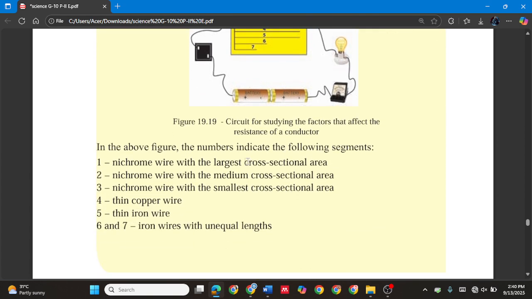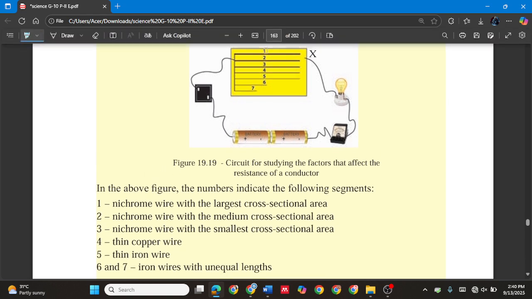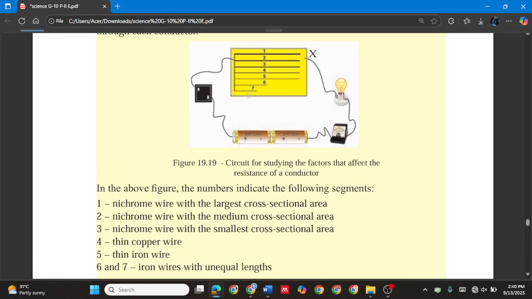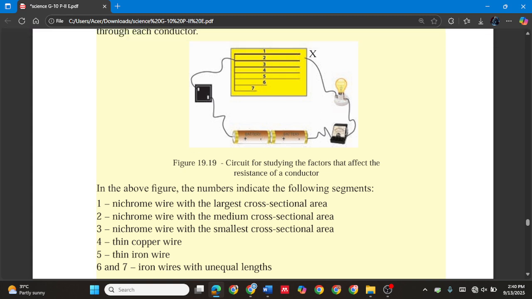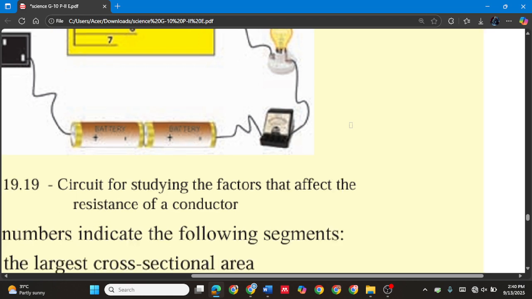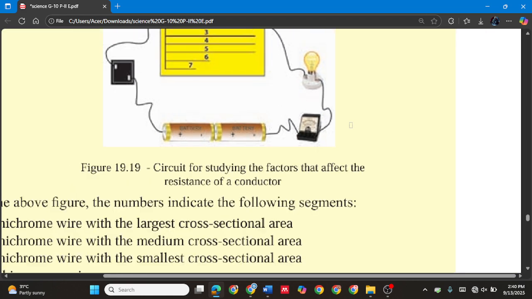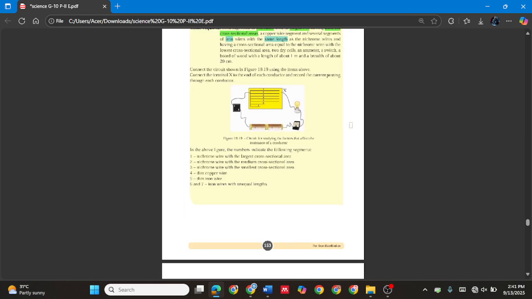Okay, here they have figured out all the things which we are going to use. In the above figure, the numbers indicate the following segments. 1, 2, 3, 4, 5, 6, 7. So you can see these are bulbs. This should be ammeter or voltmeter. What is it? They should mention it here.